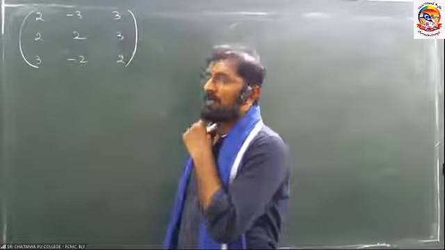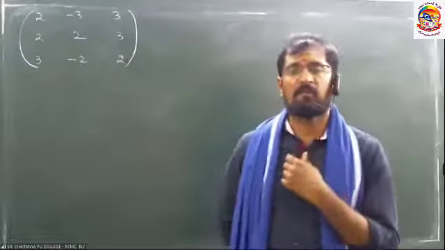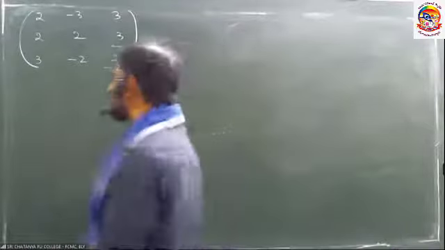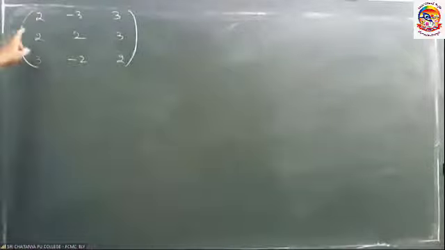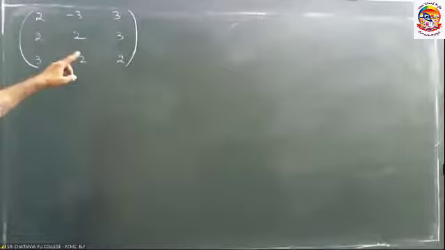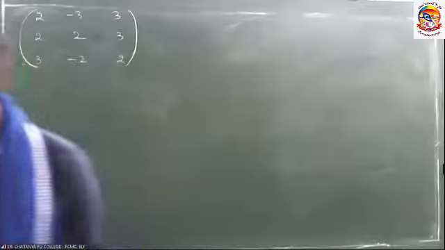So better to do it individually. You just try to get this as 1 0 0 0 1 0 0 0 1. Later I will start discussion after 2 minutes.